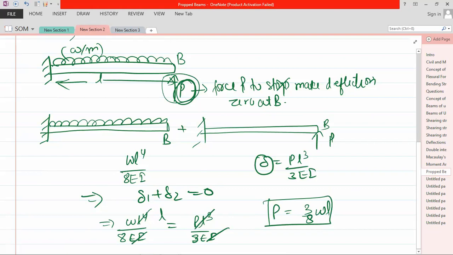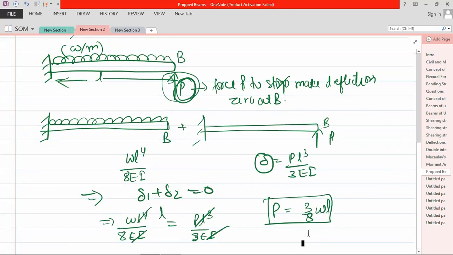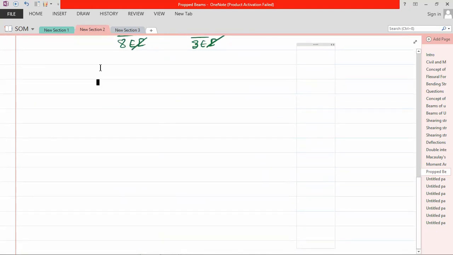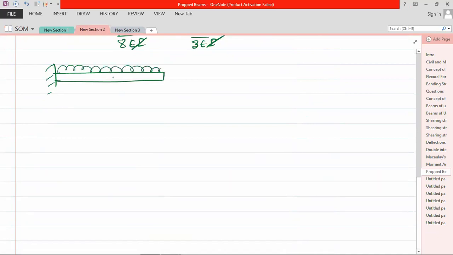Okay, this is one type of question. In another type, suppose you have a beam, and to avoid its very much deflection, you have another beam like this at here, and you have a roller support at here.